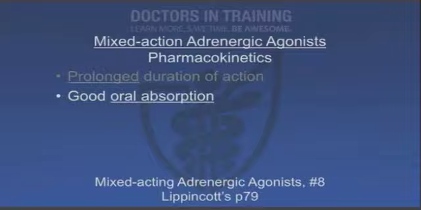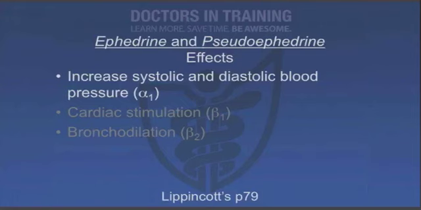And because they're non-catecholamines, they have very good CNS penetration. In terms of the metabolism of these drugs, ephedrine is excreted pretty much unchanged by the kidneys, while pseudoephedrine is partially metabolized in the liver and then excreted through the kidneys.